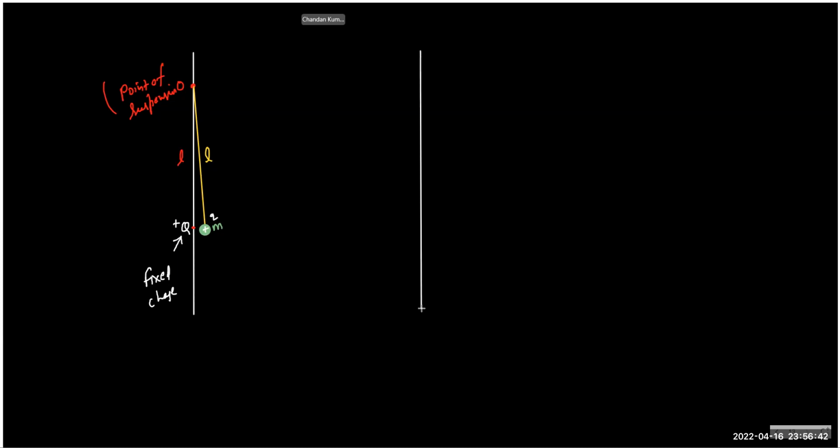After some time at equilibrium, the string will be something like this, right? This is the fixed charge, and this is the charge on the pendulum. This is also length L, and this is theta.